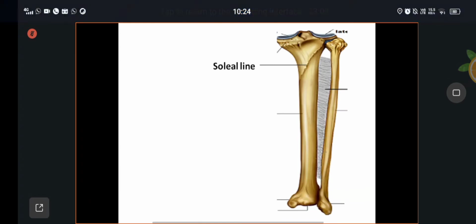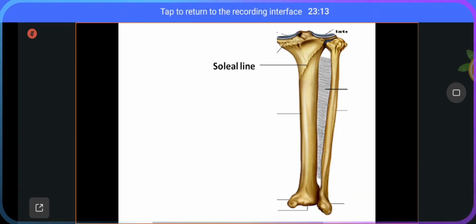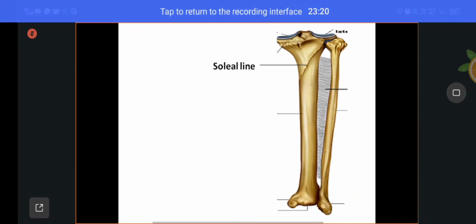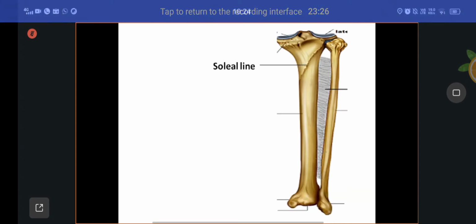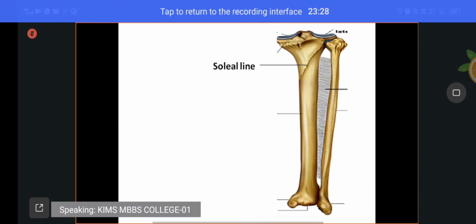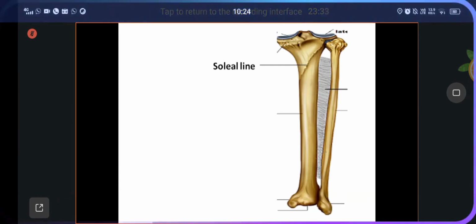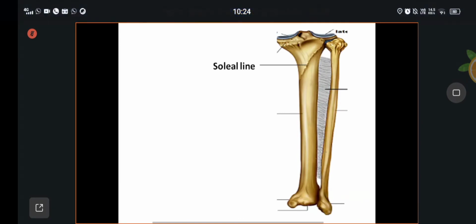There is an important muscle in the posterior compartment of the leg called the soleus muscle. The shape of the muscle is like the sole of the foot, hence it is called soleus muscle. Because that muscle takes origin from this line, this line is called the soleal line. It is an oblique line.